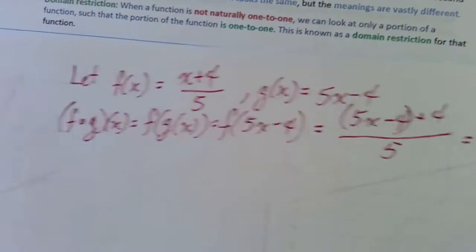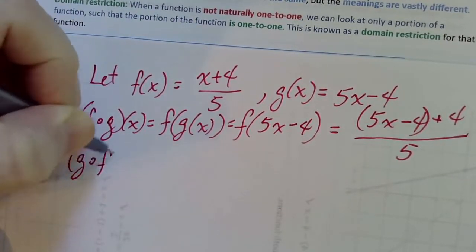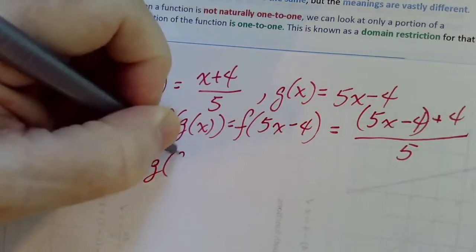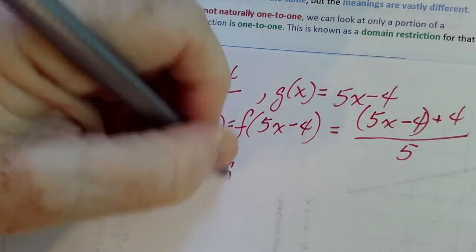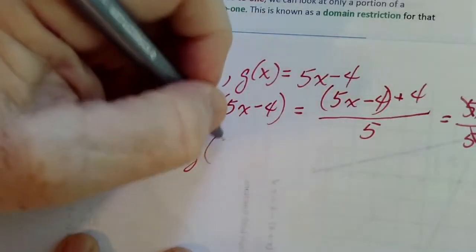Let's see if it works the other way as well. We have g composed with f of x, that's g of f of x, which is g of (x plus 4 over 5).